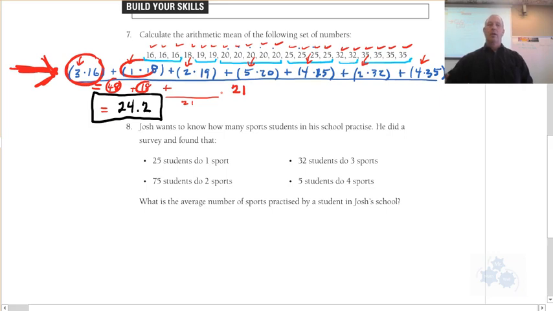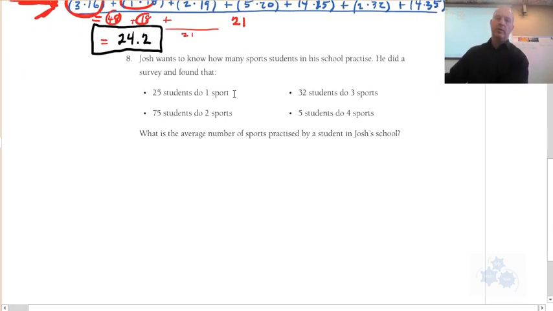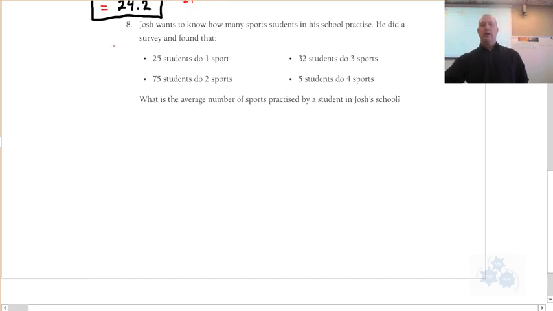All right, so I'll do number 8 with you as well, as a final example here, and then you can finish up and continue on yourselves. So number 8, I'll get you started on this one. Same kind of thing, 25 students do 1 sport. Josh wants to know how many sports students in his school practice. He did a survey, and this is what he found. What's the average number of sports practiced by the students in Josh's school? Again, there are 25 students that do 1 sport.